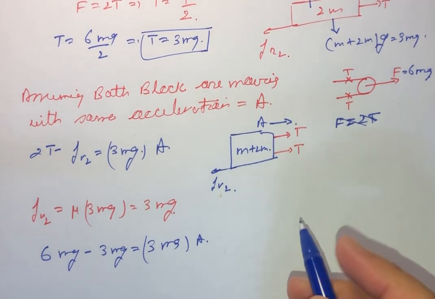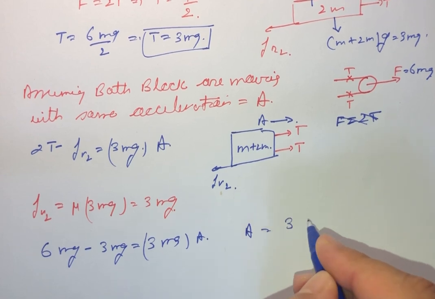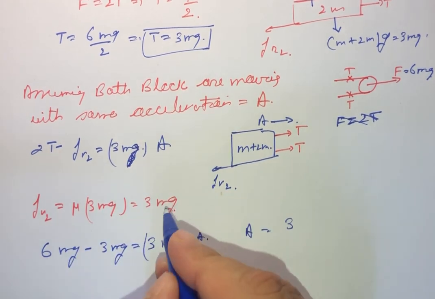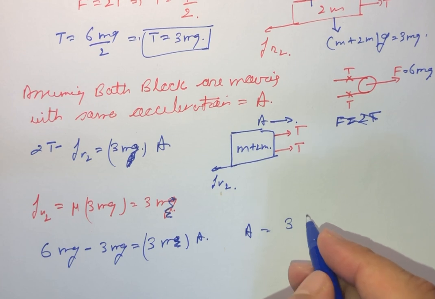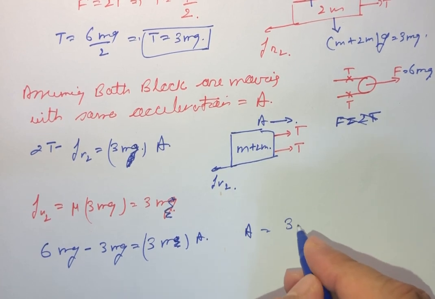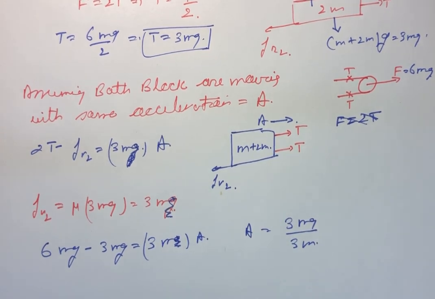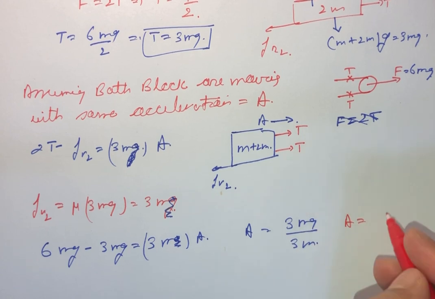And we can find out our acceleration. So acceleration will be equal to, we have here, sorry, this is mass, not G. So we have 3 mg divided by 3m, so we get acceleration, that a common acceleration is coming as g.